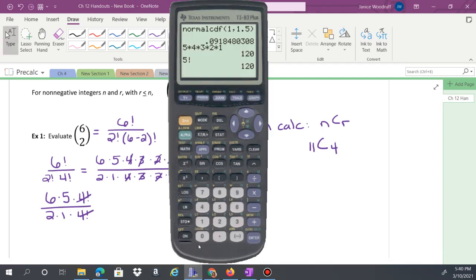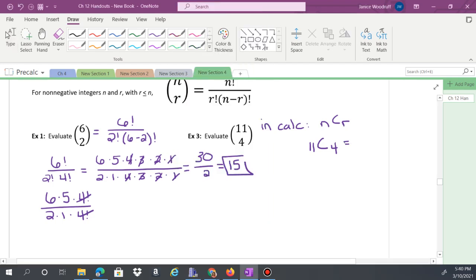So I would go 11, and then math, and then over to PRB again. This time it should be nCr, not nPr, and then 4. And it will give you 330. So notice there was an nPr. You want to be careful. This one is using the nCr.